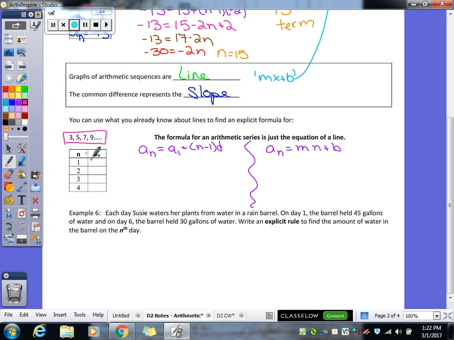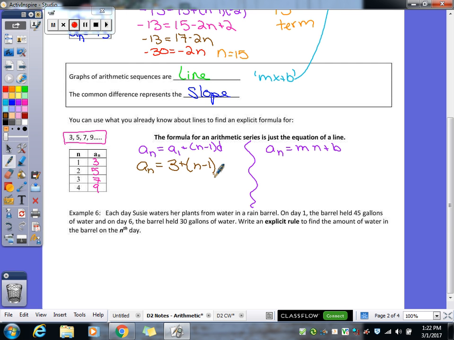Some people still like taking their little sequence there and writing it as a table. If you want to, go right ahead. There's nothing saying you have to, though. So if we're using our formula for the front, our first term is a what? 3. So my a sub 1 is 3. We don't know our n, so that's going to stay as n.